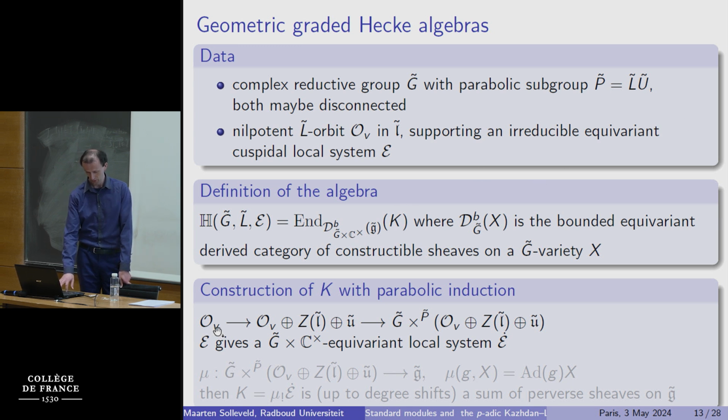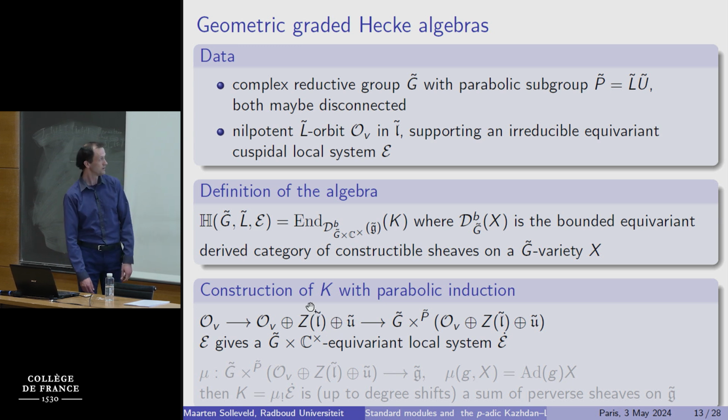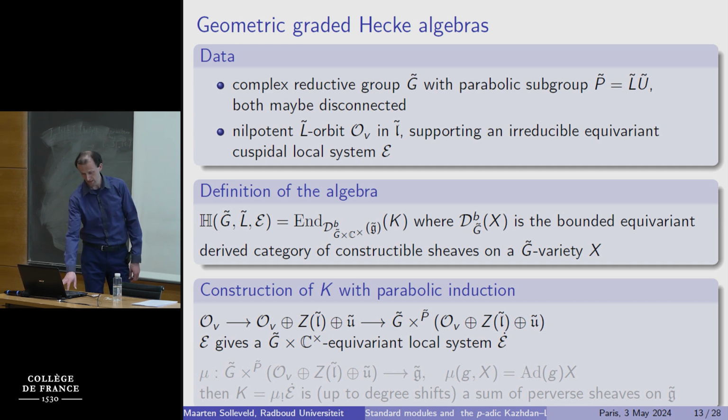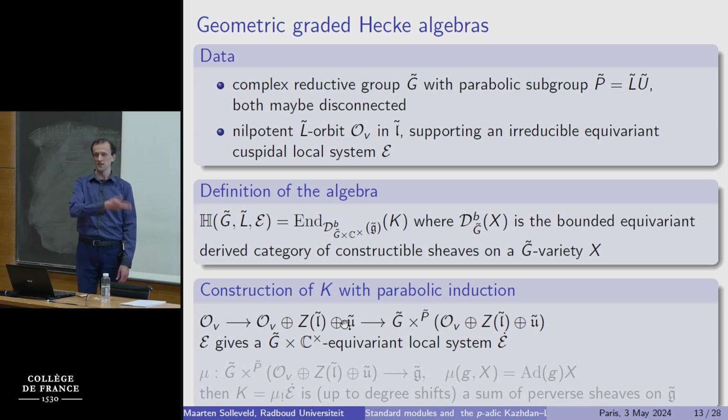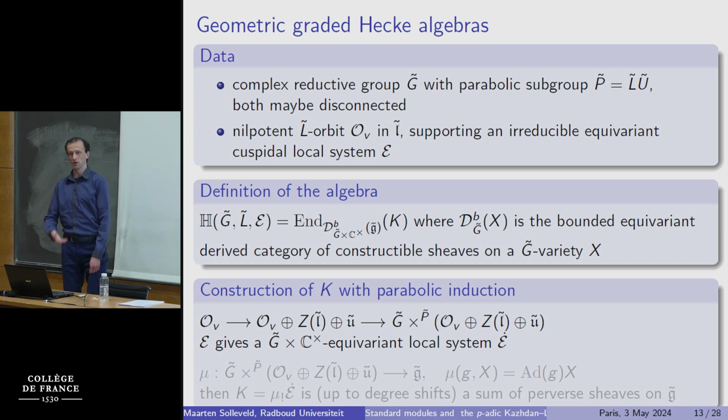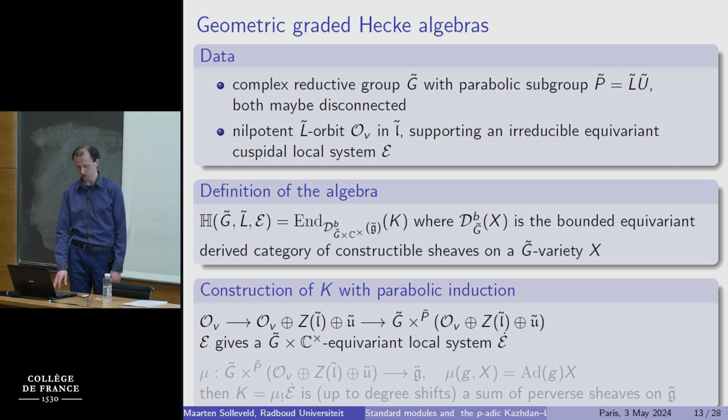The nilpotent orbit is here called O_V, so it contains an element V. You extend this in a trivial way by taking the direct sum of this O_V with some vector space, the center of your Levi L, and the unipotent radical of this Levi subalgebra, the parabolic subalgebra P. Then you have a local system on this part which is still equivariant for the Levi subgroup L, but you can make it equivariant for the parabolic subgroup P just by saying that the unipotent radical of the parabolic acts as trivially as possible.